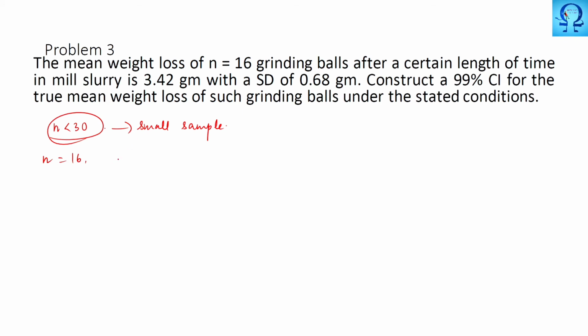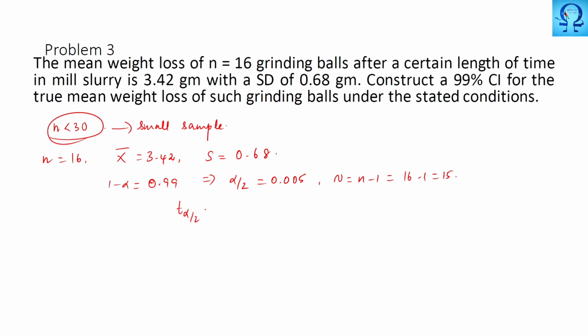So it is given that x bar is 3.42 and the sample standard deviation is given to us, which is 0.68. And what is 1 minus alpha? It is 0.99, from which it is clear that alpha upon 2 is 0.005, isn't it? And what is nu? This is n minus 1, that is 16 minus 1, which is 15. Now we need to read this value.